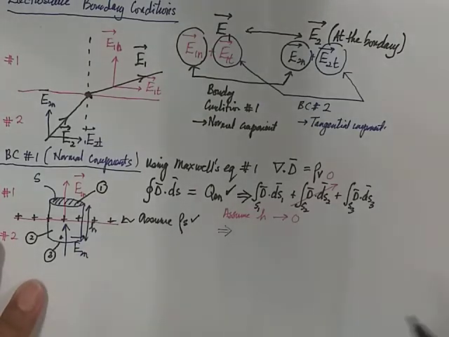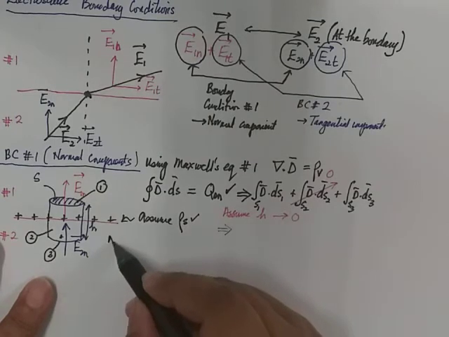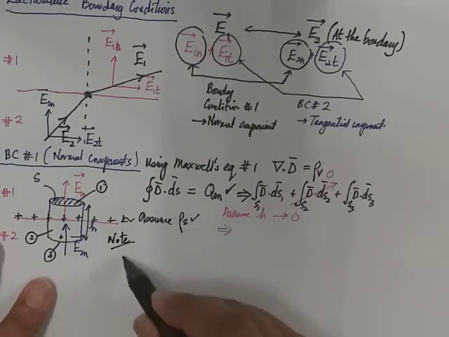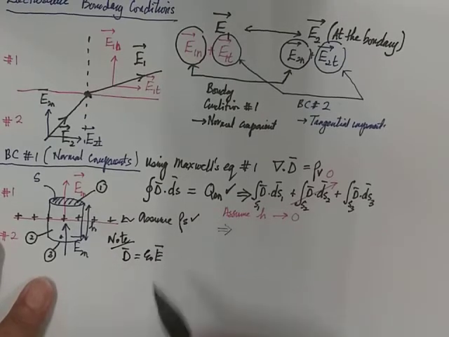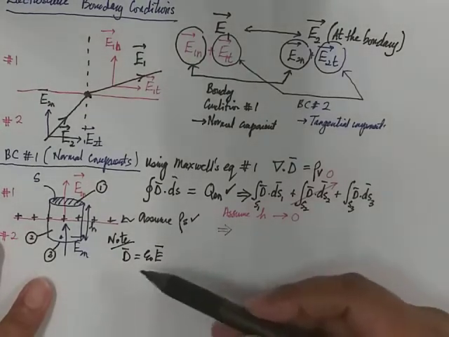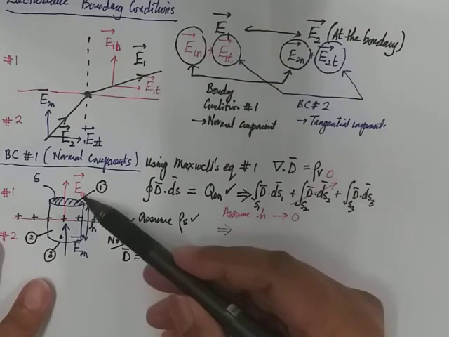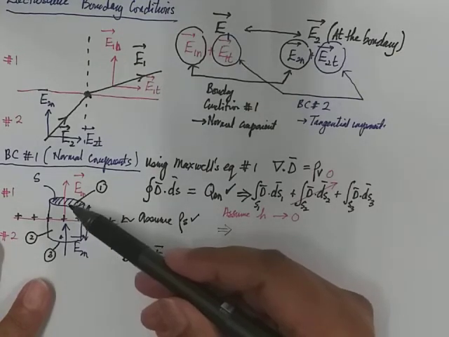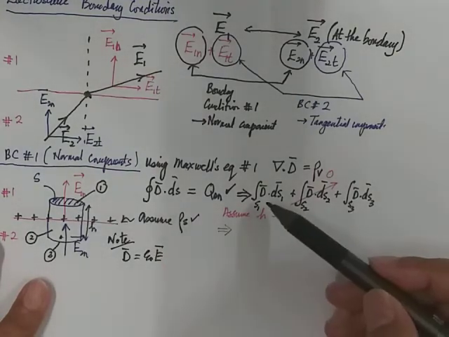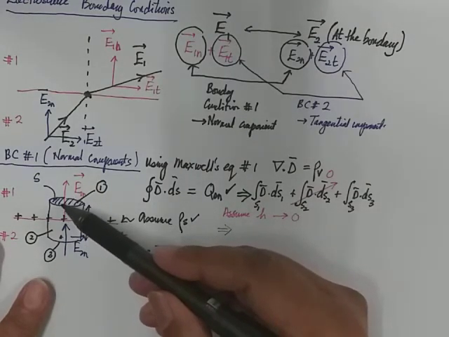Remember, I'm going to write a note here: D equals epsilon naught E. Do we agree on that? So the directions of D and E are actually the same. If the E is in this direction, the D must also be in this direction. So this mathematics involves D, and therefore the direction of D here is upward.